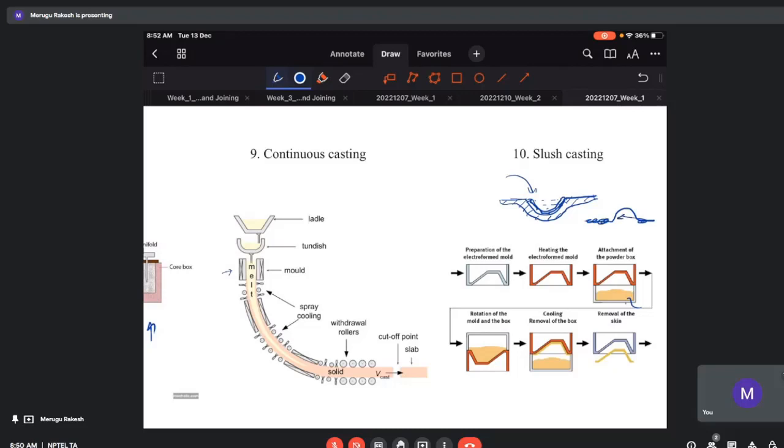When I invert this, the remaining which is in liquid state will fall off, and I will get this thickness. Okay, so this is my casting. So that is the slush casting process.